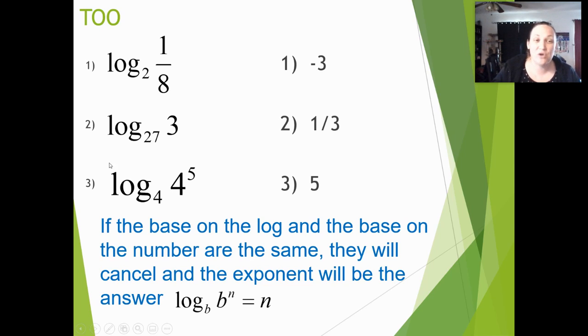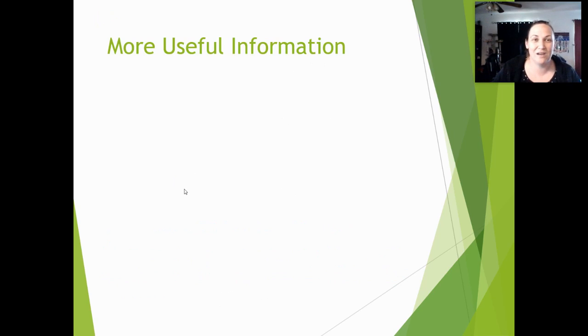So on this problem, we could have canceled the base of 4 and this base of 4, and then we would have been left with the number 5. Okay, so little trick. Let's talk about that one more time. If the base down here and the base up here are the same, cancel them out, and your answer is the exponent.